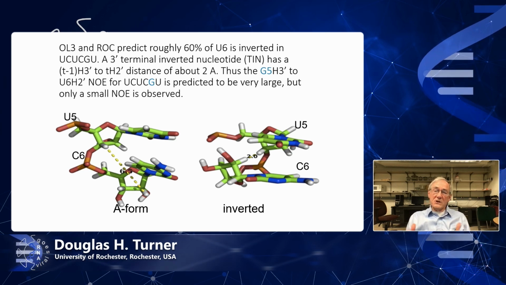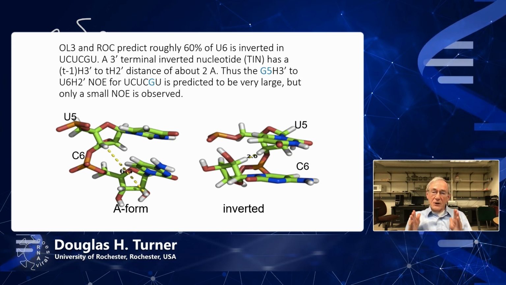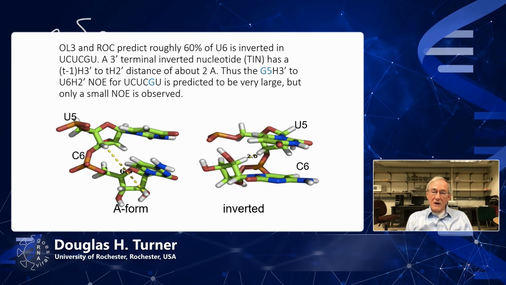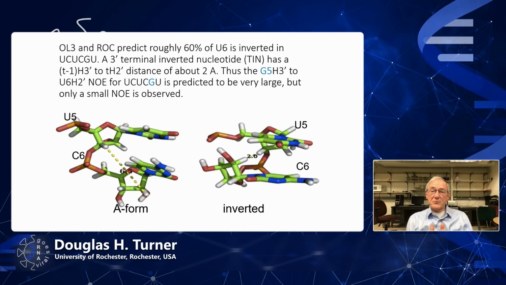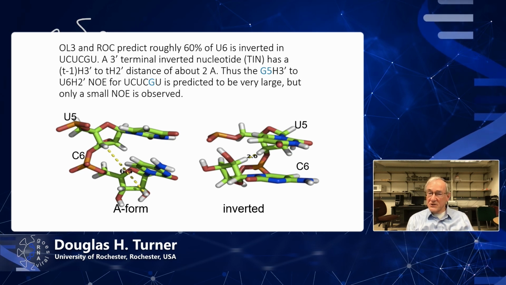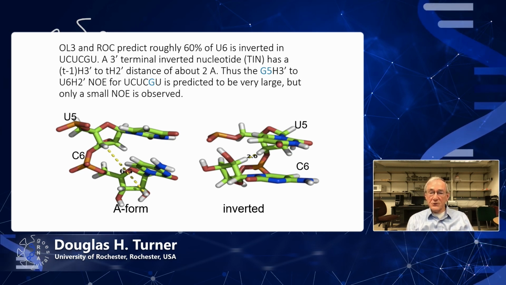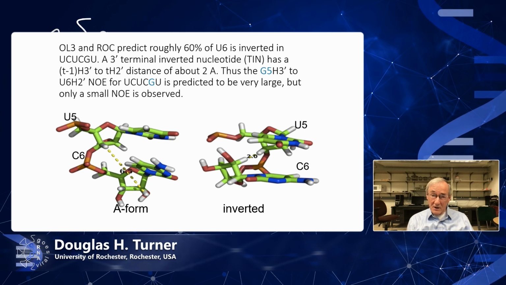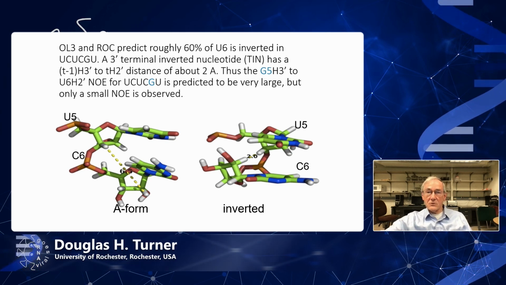But even with the G hexamer, if it's inverted 60% of the time, which is what the simulations predict, you should see a huge mountain. You do see a mountain, you see an NOE, but it's not huge.